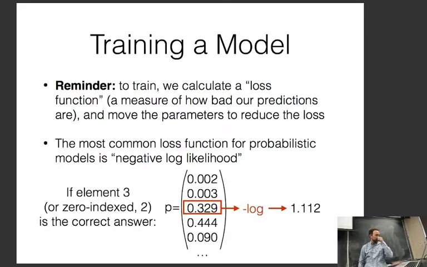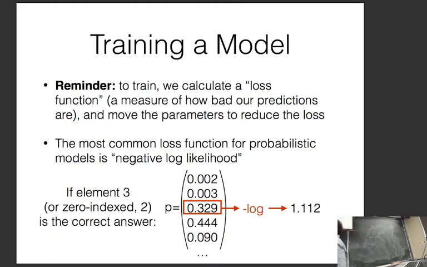So if this third element here is the correct element, we pick that out of this vector, we take the negative log, and this gives us our loss. So if our correct element has a probability of 0.329, then our loss will be 1.112.